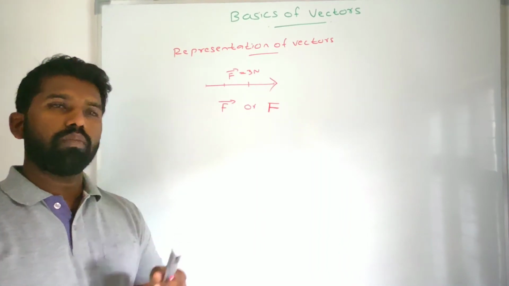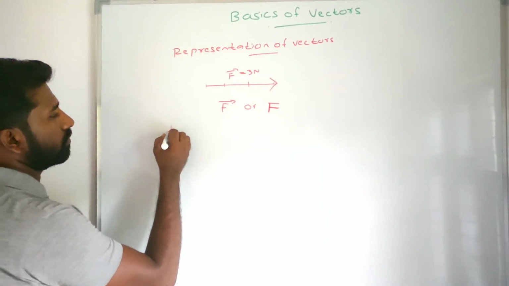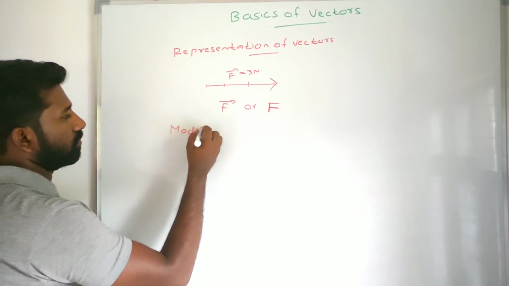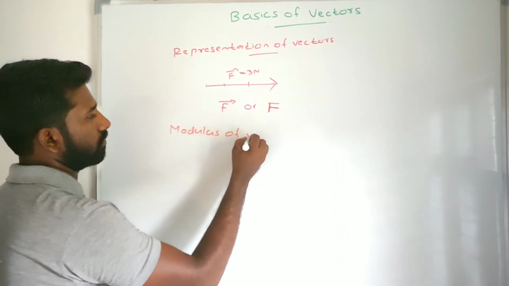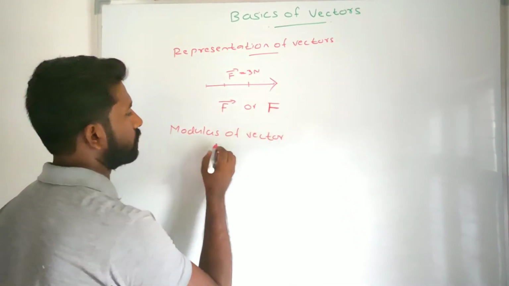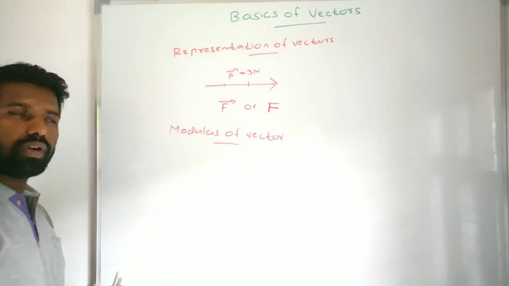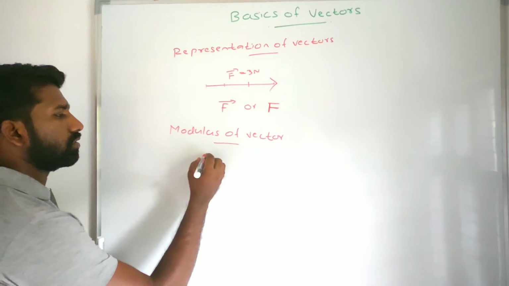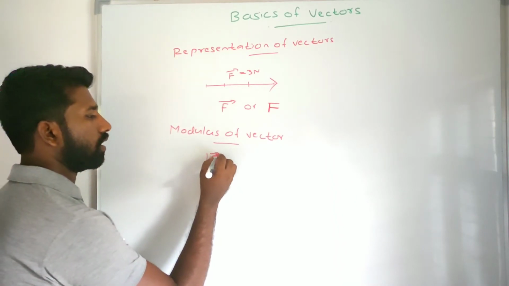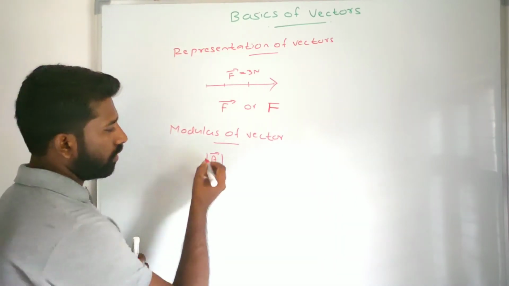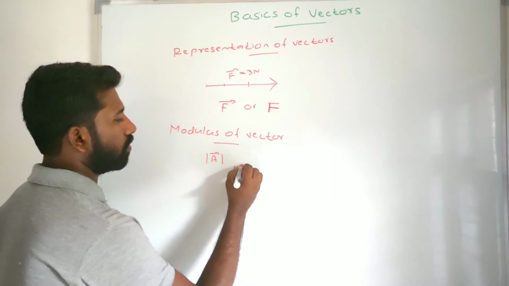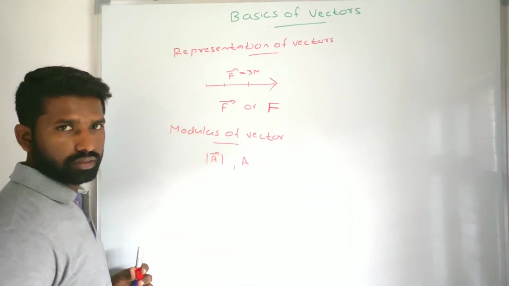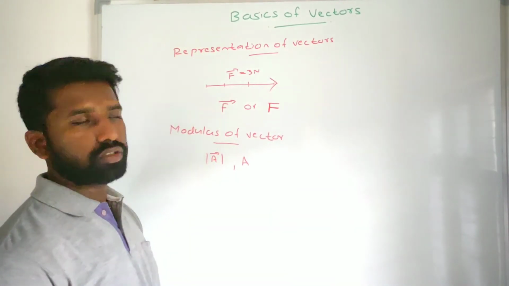Next we will see the modulus of a vector. The modulus of a vector gives the magnitude. How can we represent the modulus? Modulus of a vector means like this. Like this is the modulus of a vector, or we can simply write like this. This shows the modulus of a vector.